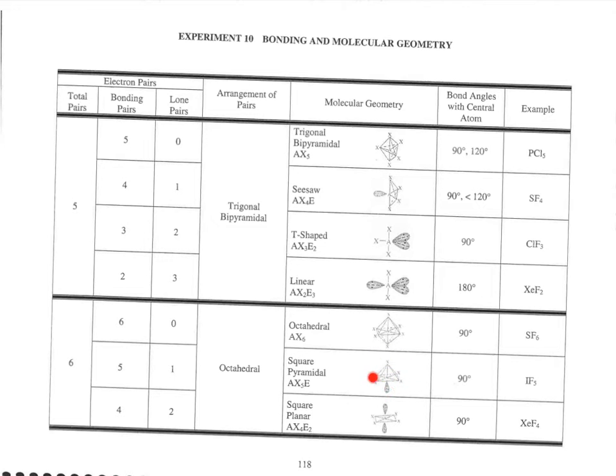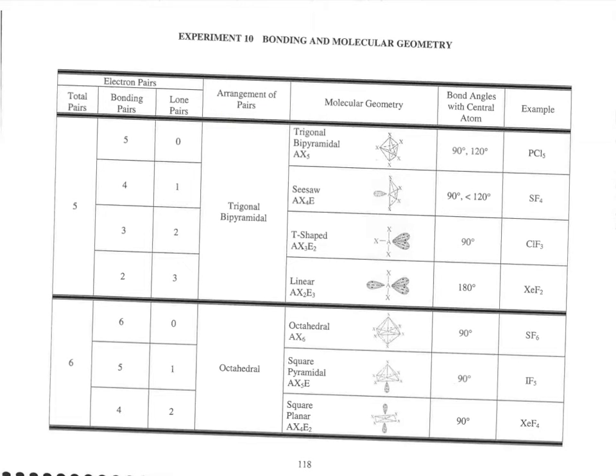The molecular geometry is called square pyramidal, and the bond angle is close to, but not exactly, 90 degrees. It's slightly smaller than 90 degrees because the lone pair pushes this bond toward the other bond. An example is iodine pentachloride.